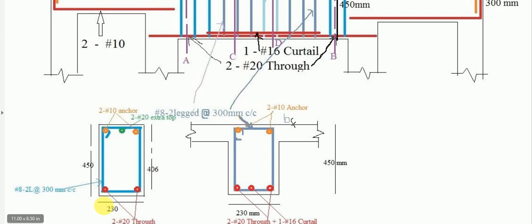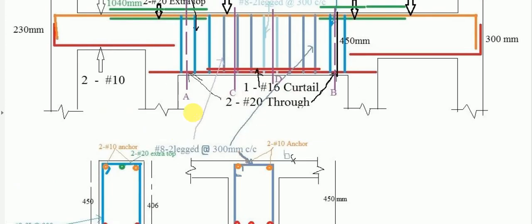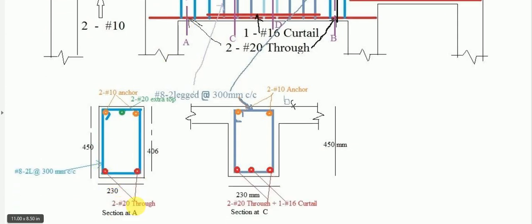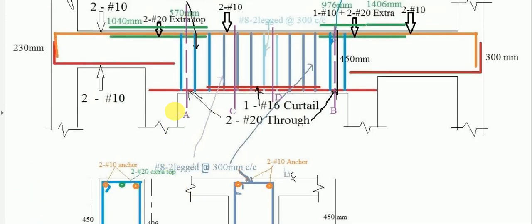Now at support B we have designed this rectangular cross section, hence this rectangular cross section is shown. At support B, the tension reinforcement is only 2 bars of 20 mm diameter. So at bottom these are the only 2 bars of 20 mm diameter, through bars. Then at top, the very first thing is these 2 bars of 10 mm diameter, those are the anchor bars.